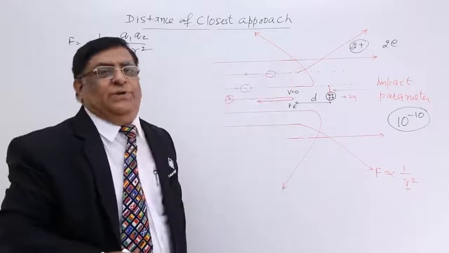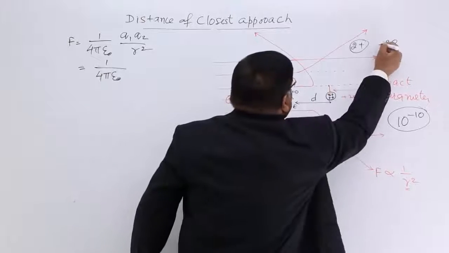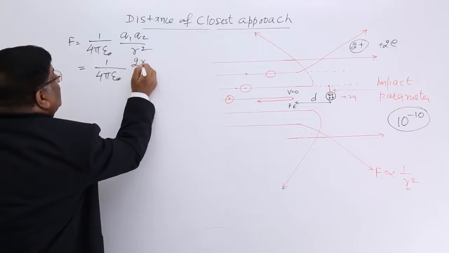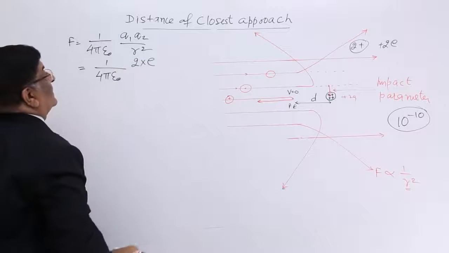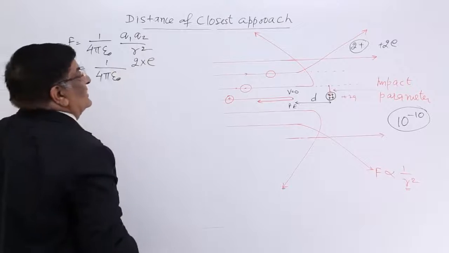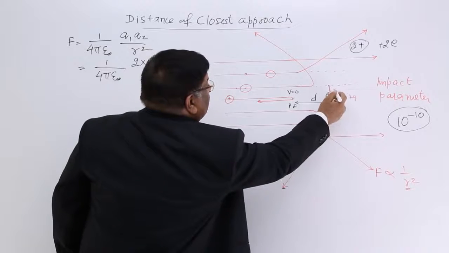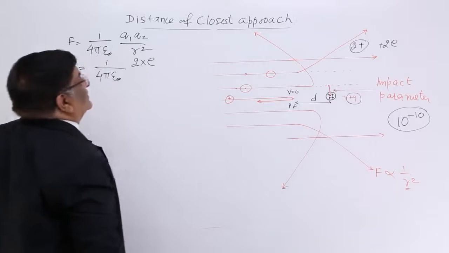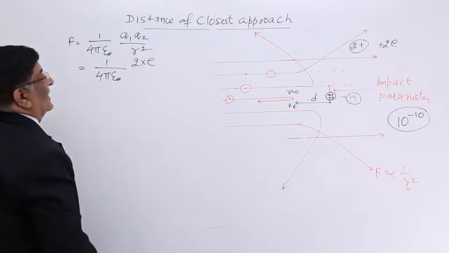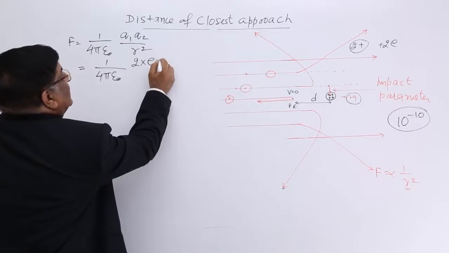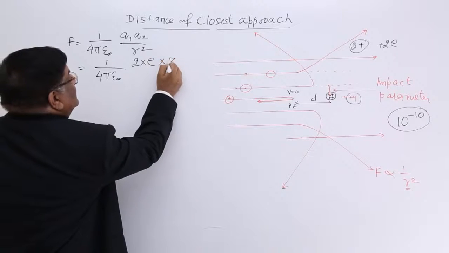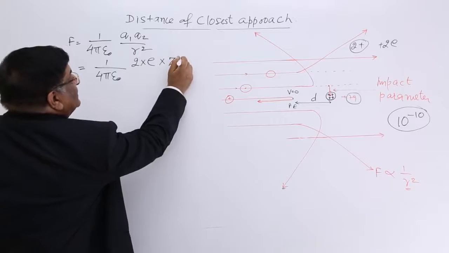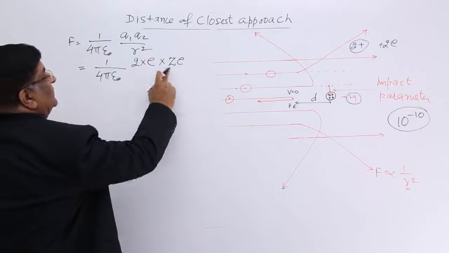So its charge is 2e positive. So we can write 2 times the charge of the electron, multiplied by q2, the charge on this nucleus. This has 79 positive charges, 79 times the charge of the electron. So we can multiply with Z, the number, times the charge, Z times e.